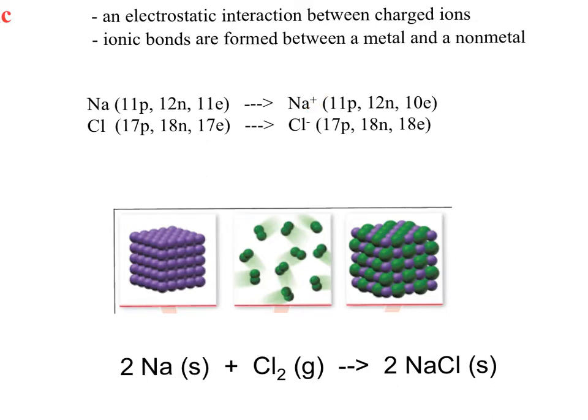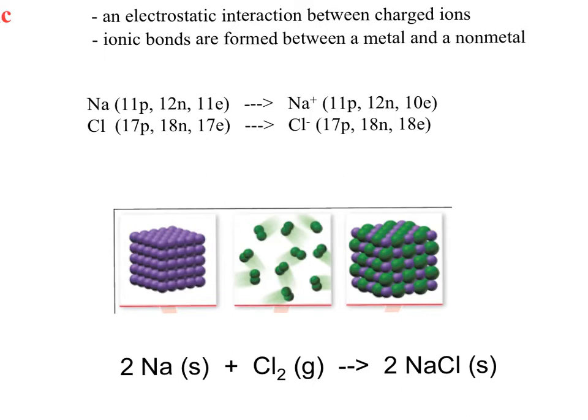That's why the ion has a positive charge. In the case of chlorine, it's in position 17 in the periodic table. 17 protons. If it's neutral, it's going to have 17 electrons. And then I just picked this isotope right here. This is going to be the 35 isotope because the sum of the number of protons and neutrons is 35. So in this case, the metal wants to lose an electron, the nonmetal will gain an electron.